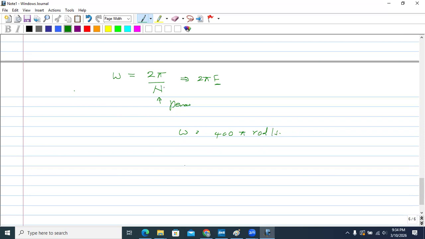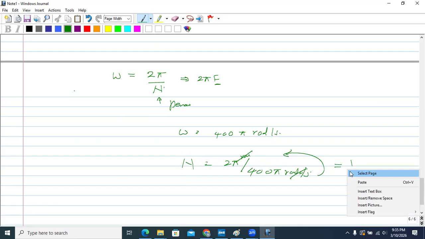So T is 2π divided by omega, that is 405 radian per second. Here the 2π and radian cancel out, and seconds will go up, so you will have 1 divided by 400.